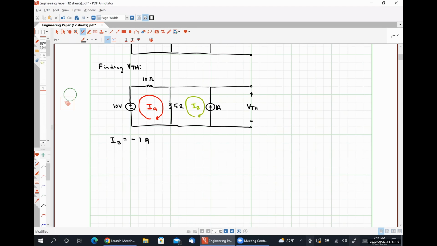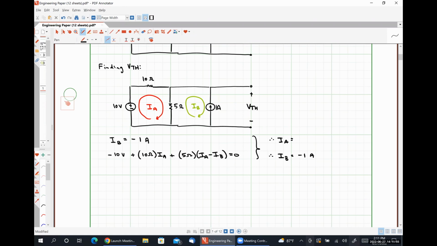Now I can write my KVL equation around mesh A. And so that's going to give me -10 volts plus 10 ohms times IA plus 5 ohms times (IA minus IB) is equal to 0. And I'm going to solve this system of equations for IA and IB. We know that IB is going to come out to be -1 amp.